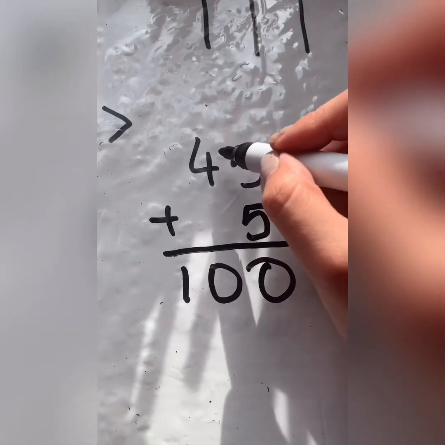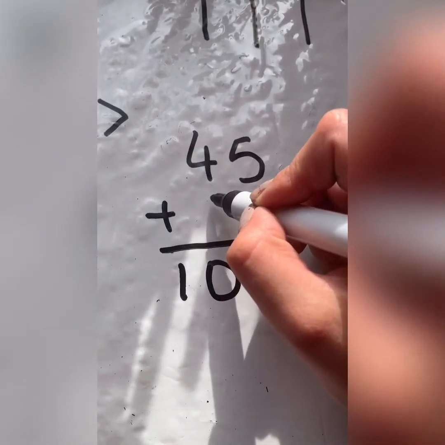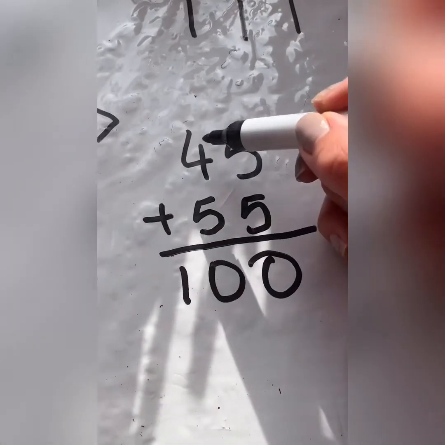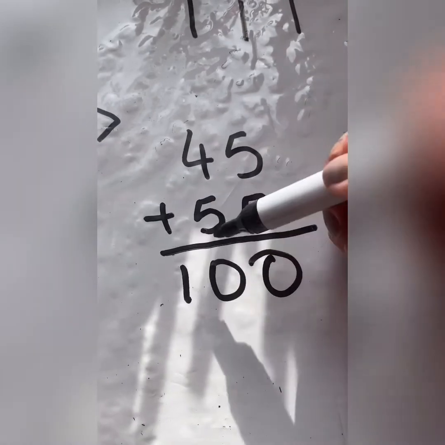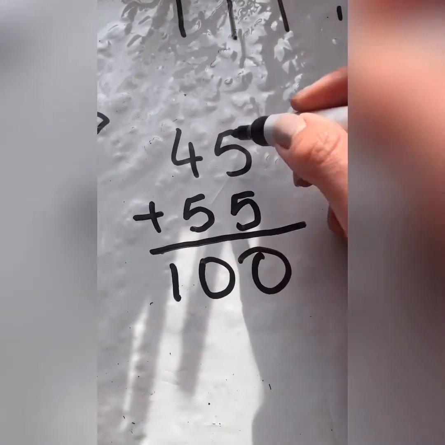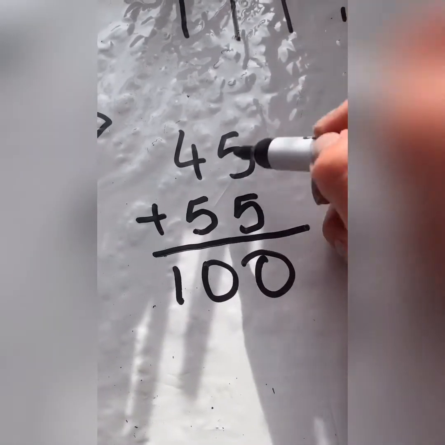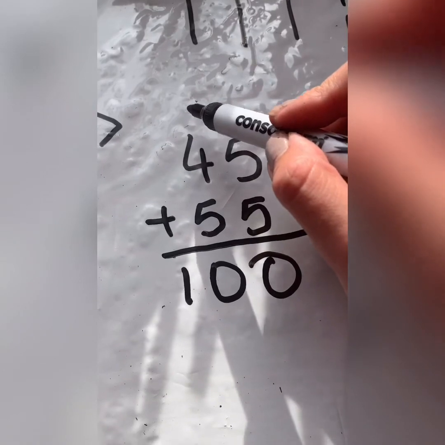And we know that our tens column would then need to add up to 9. The reason that we know that the tens column only has to add up to 9 lots of tens is because we know that the units column was full and it has handed over an extra lot of tens here.